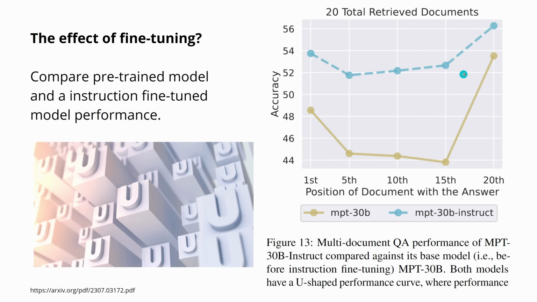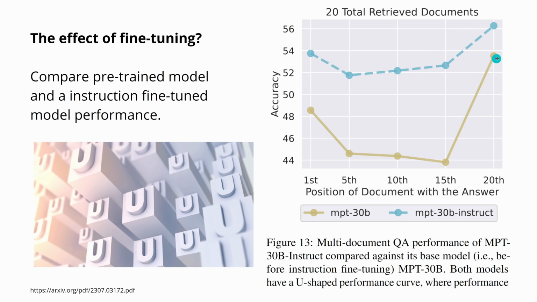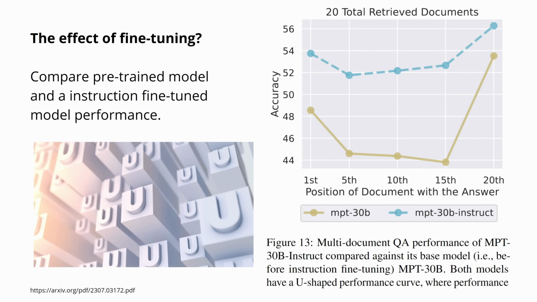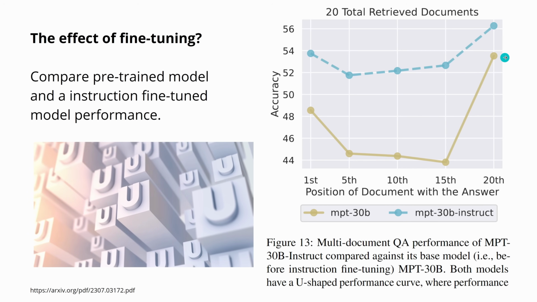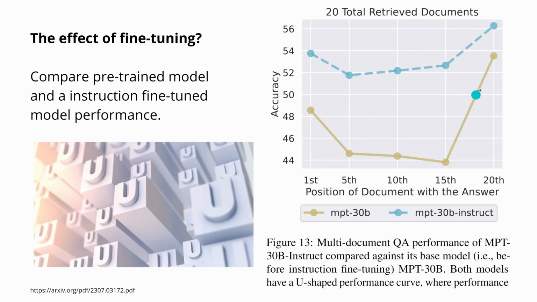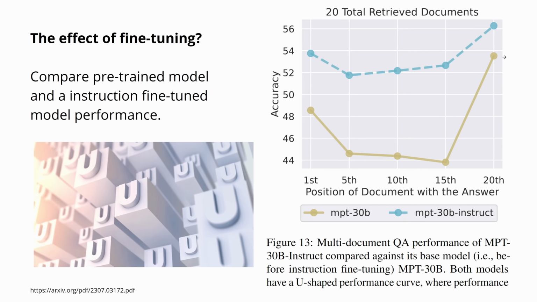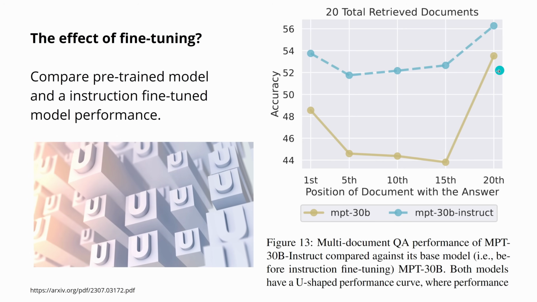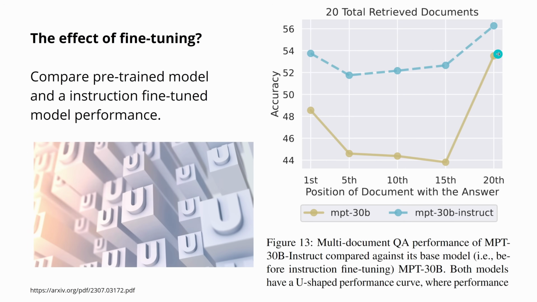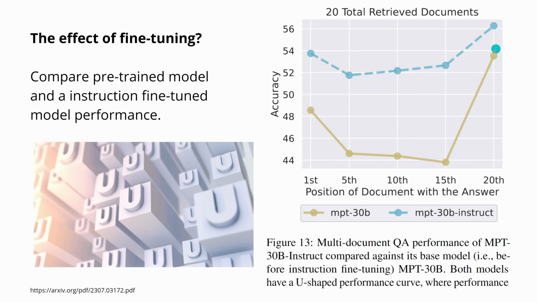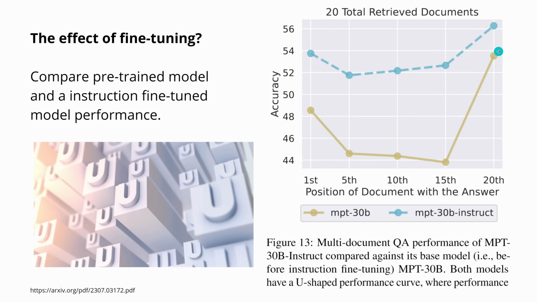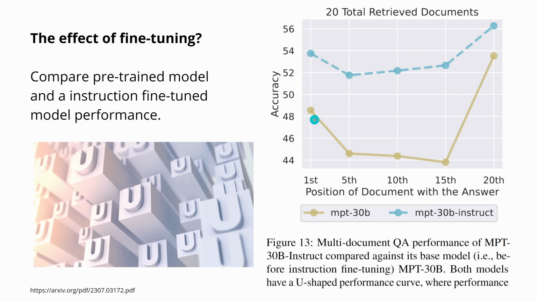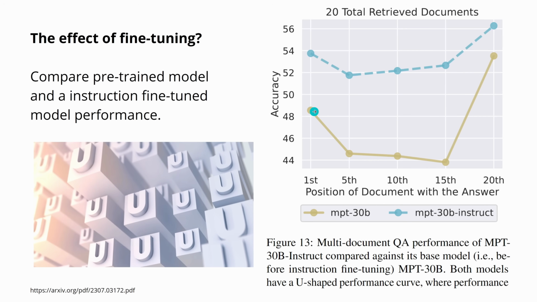Here it is interesting to see, look where the endpoint is. If the solution is in the 20th document, and we have the complete prompt of 20 documents given to the MPT system, you see that the accuracy, given the solution is at the last document, is close to 54%. So it's higher than when you present the solution in the very first document.